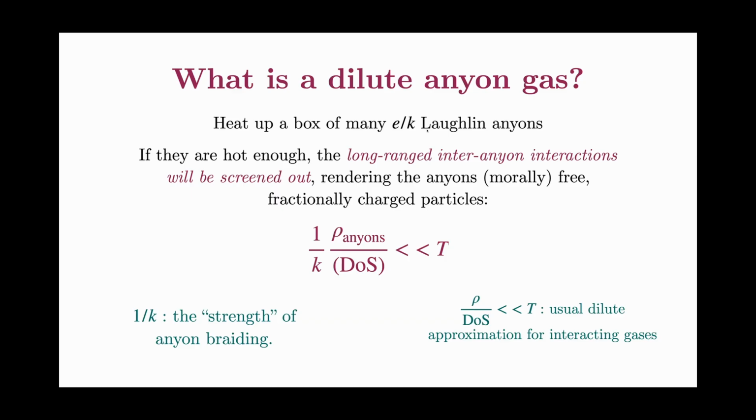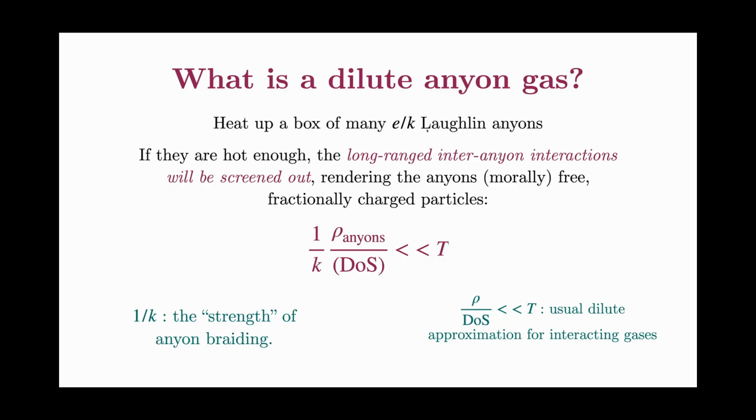And if I heat this box enough, and if the anyons are at low enough density, it turns out, and I'm skipping over many details here, if you're interested, you can check out the appendix of our paper, but basically in a regime where the anyons are sufficiently hot and dilute, the inter-anyon interactions become sufficiently screened, rendering the problem what we'll call morally free.